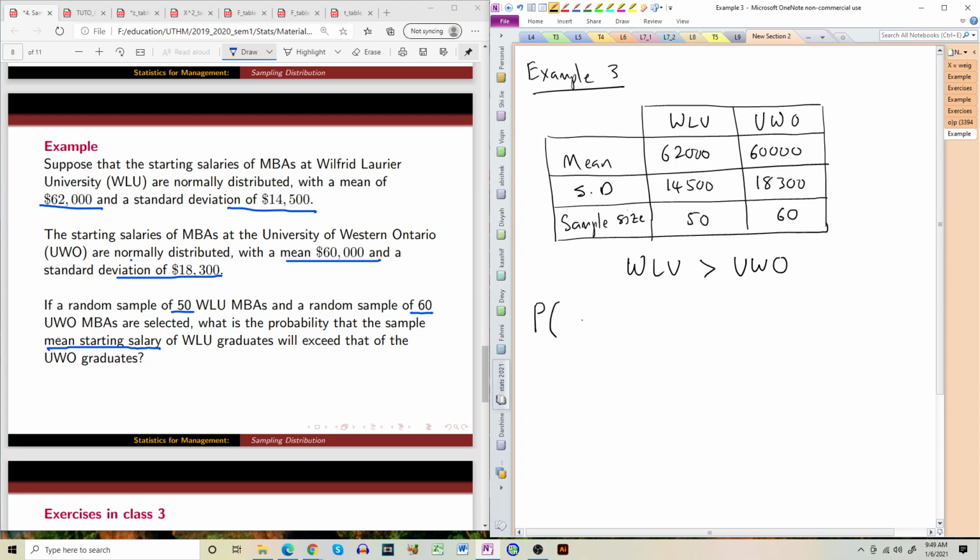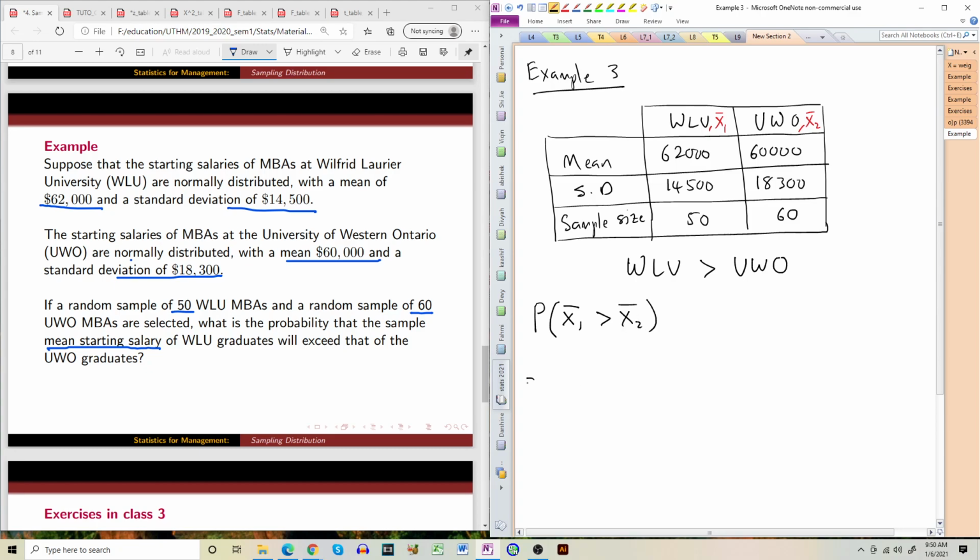It's almost the same as the previous one, which was a single sample. Now we are doing two samples. So here I will put X bar 1 indicating WLU, X bar 2 indicating UWO. Sorry, too much W and U, confusing. X bar 1 greater than X bar 2.